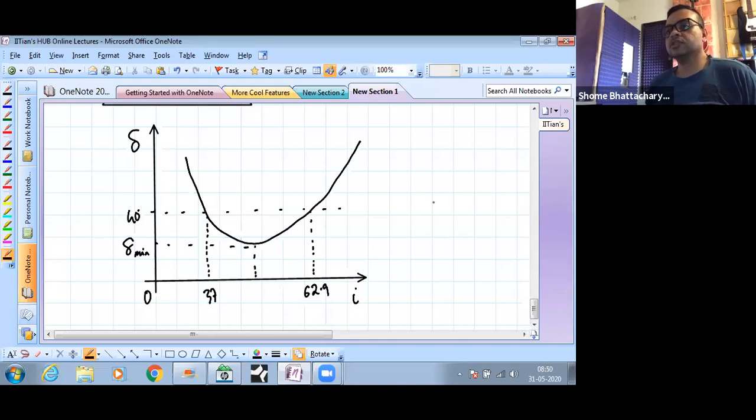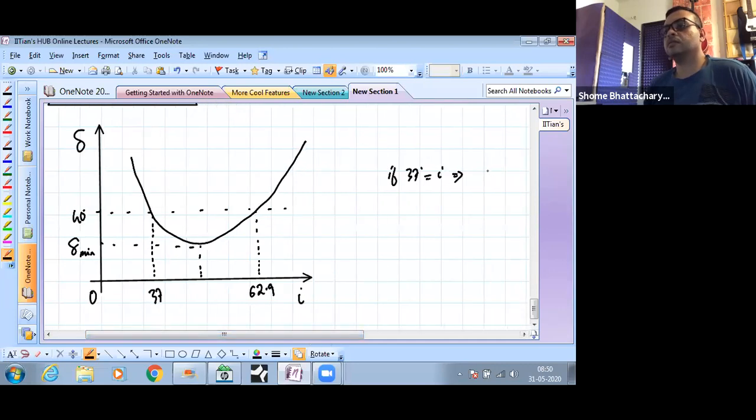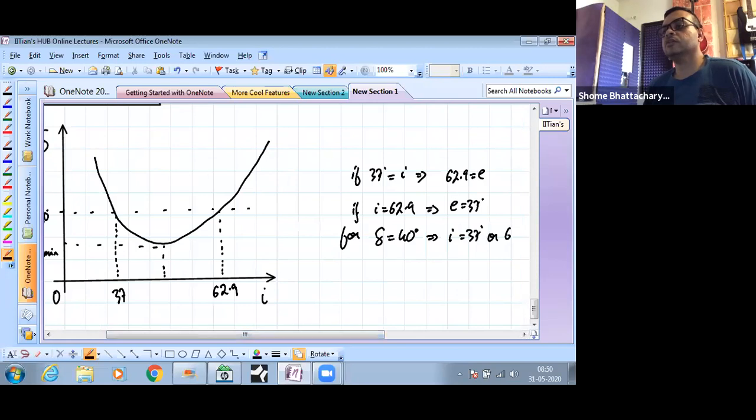You can see here, if 37 degrees is the angle of incidence, then 62.9 becomes the angle of emergence. But on the other hand, if the angle of incidence is 62.9, then the angle of emergence becomes 37. So for a deviation equal to 40 degrees or whatever, the angle of incidence can be 37 degrees or 62.9 degrees.